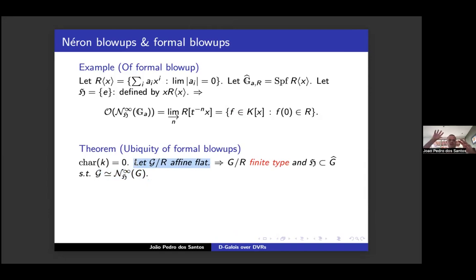Really, I have in mind a differential Galois group, which is of finite type on the generic fiber, but it's not of finite type all over. So if I have something which is of finite type on the generic fiber, then my group scheme is obtained by this process.